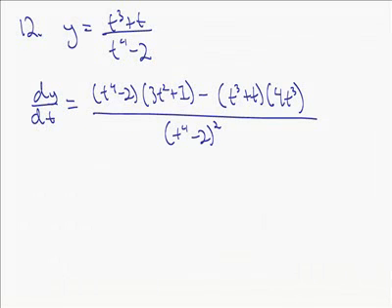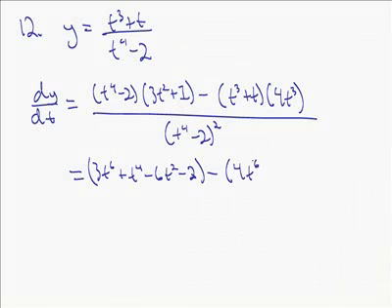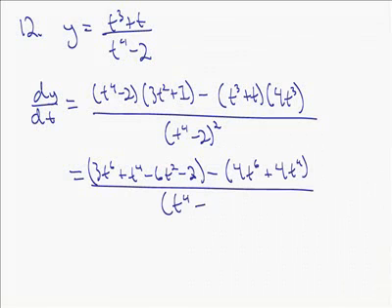And we could try and see if we could simplify a little bit here. Let's see. Yeah, we actually are going to be able to. Let's go ahead and simplify the numerator a little bit. If we FOIL these out, we get 3t to the 6th plus t to the 4th minus 6t squared minus 2 minus, I guess we don't FOIL it, we just distribute that 4t cubed, 4t to the 6th plus 4t to the 4th, all over the quantity of t to the 4th minus 2 squared.